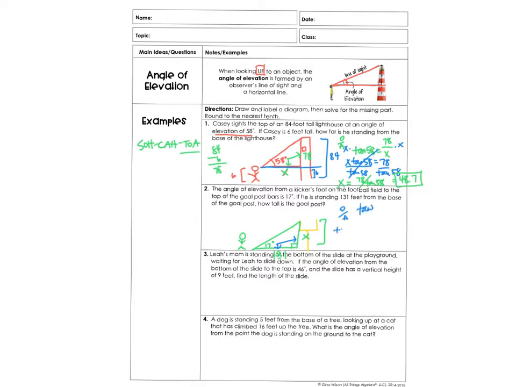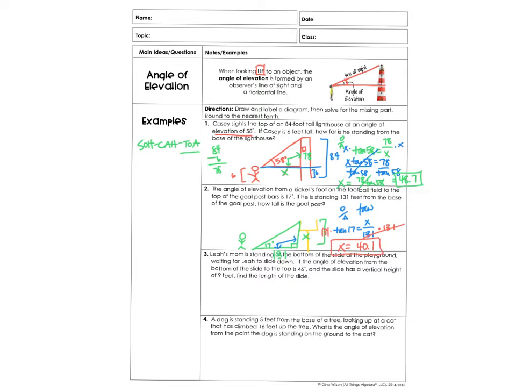Okay, so the tangent of 17 equals the opposite, which is X, over adjacent, which is 131. Okay, to find X, we just have to multiply by 131 on both sides. And so that cancels out, and you're left with X equals 131 times the tangent of 17, which is 40.1 feet. So that's how tall the goalpost is.